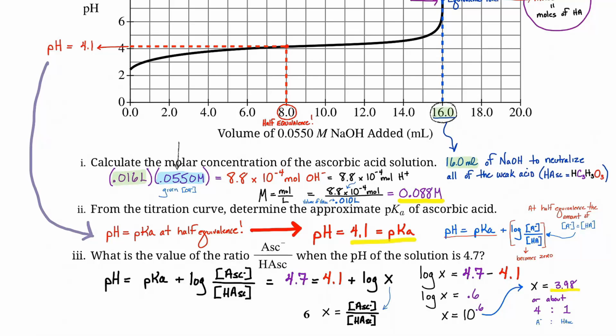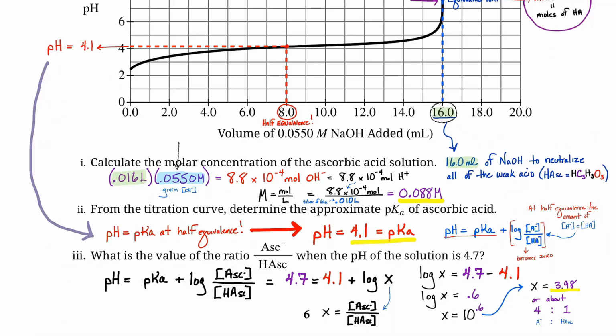So in any case, you just plug them in and put the pKa in, and we're just going to make the x equal to this ratio. Okay, very simple. So the log of x is equal to 4.7 minus 4.1. I'm just subtracting 4.1 from both sides. That's what I'm doing here. And I get the log of x is equal to 0.6. What do I do with that?